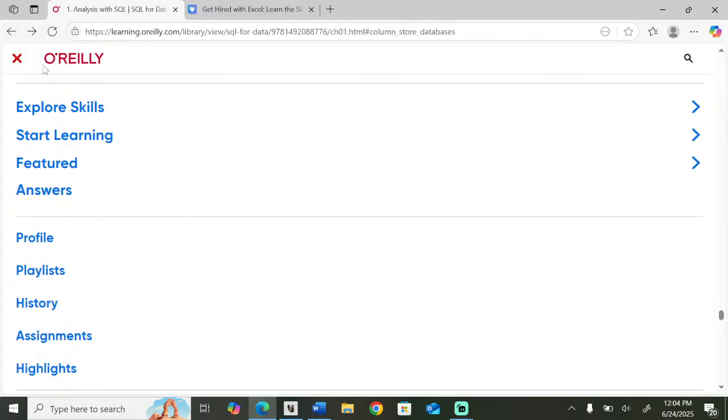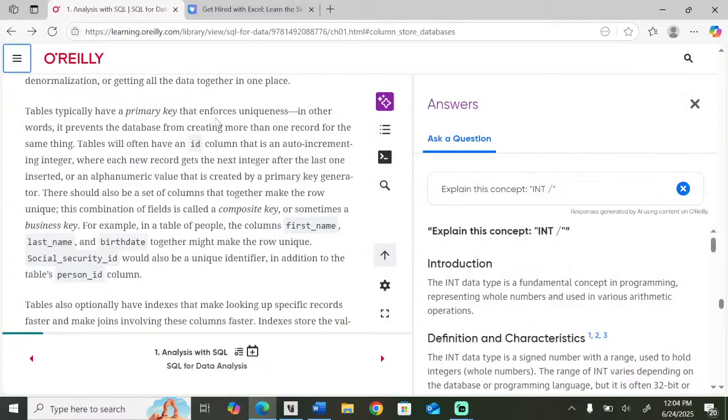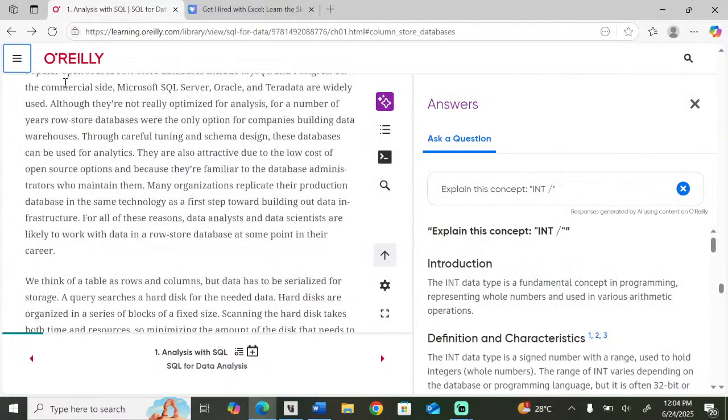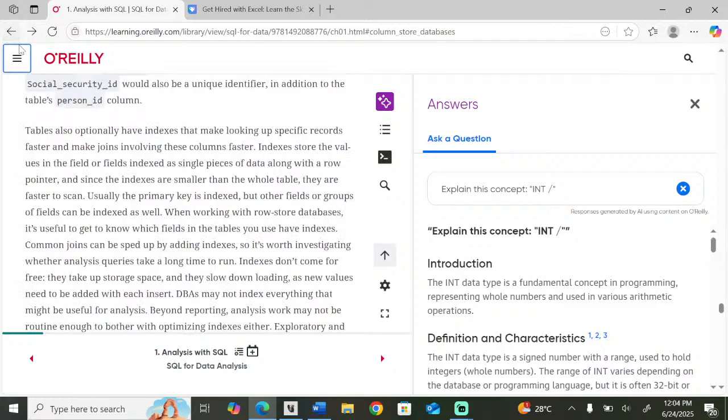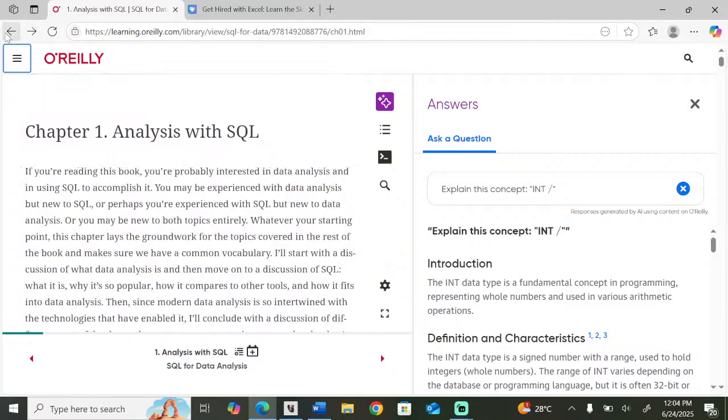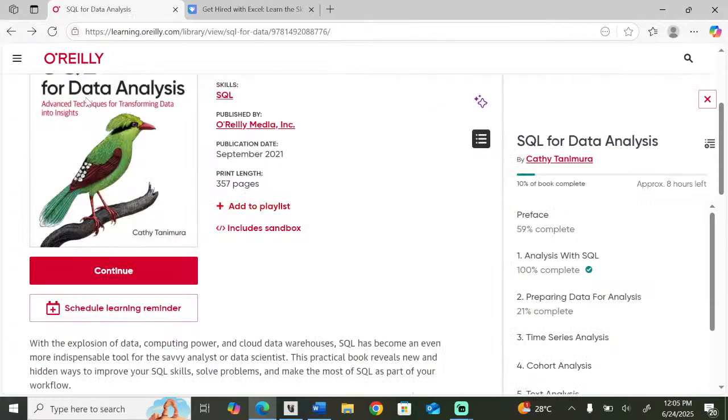SQL for data analysis, this one here. This book is very important. You can also get yourself the book for Power BI dashboards. Get yourself that book.